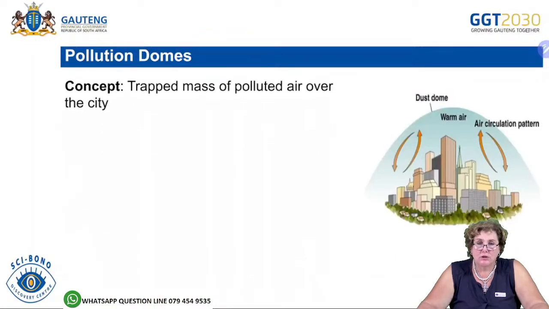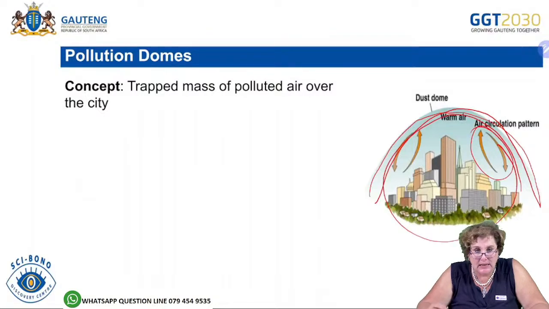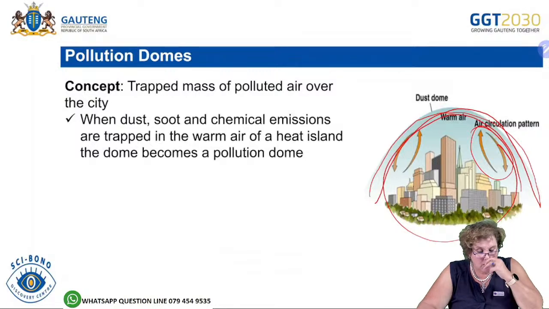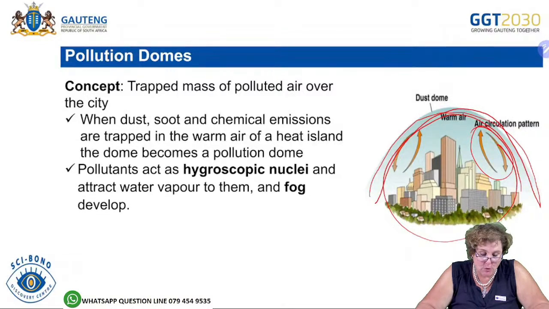We now come to the term a pollution dome. It's a trapped mass of polluted air over the city. And here you can see it is like a dome. Warm air is trapped in the city. You can see the air circulation here. It doesn't get out. It is when dust, soot and chemical emissions are trapped in the warm air of a heat island, the dome becomes a pollution dome.